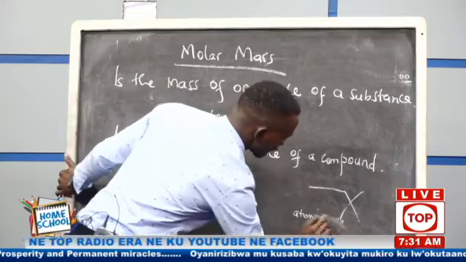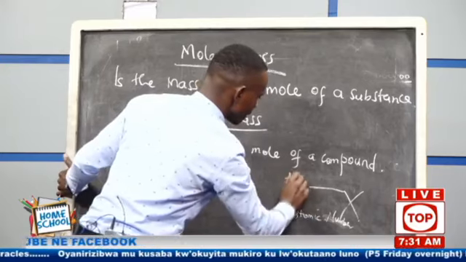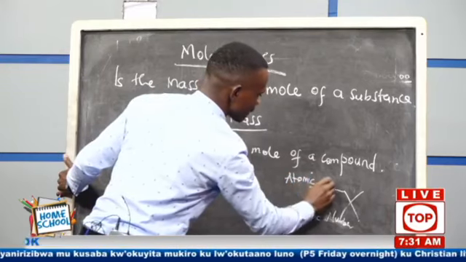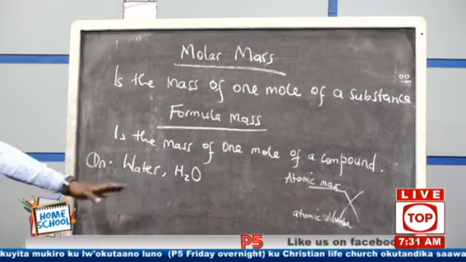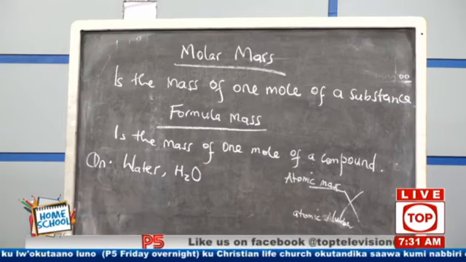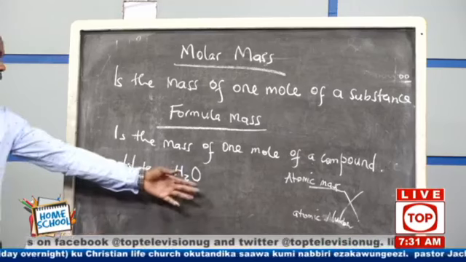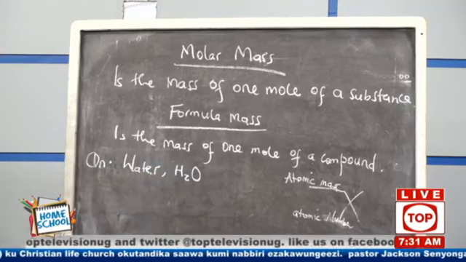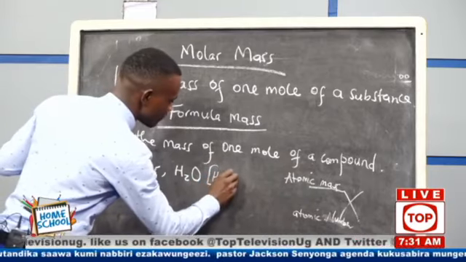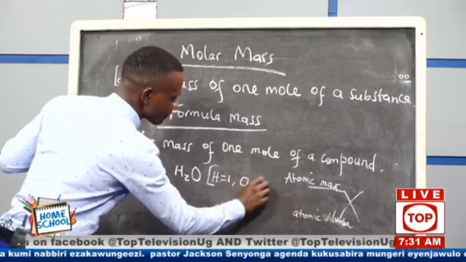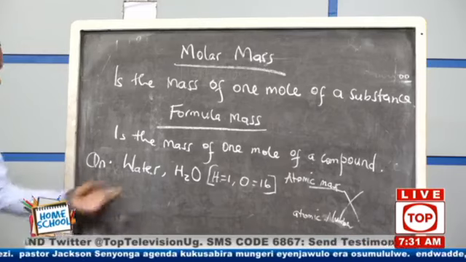You need the atomic mass from that. You don't need the atomic number. In other questions they might put this in brackets and say hydrogen 1, oxygen 16. That is it.